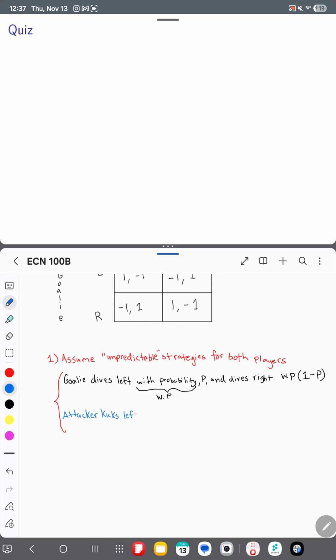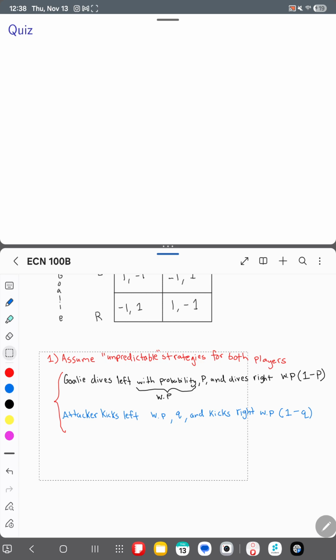So here is my placeholder Q, and then kicks in the other direction with the complementary probability, with whatever is left, 1 minus Q. So for example, this could mean if Q is 0.1, it means the attacker is going to, 10% of the times, go left with the shot and 90% of the time they go right. And I can model all of that with just my probabilities, P and Q. That's the goal of the probabilities, P and Q.